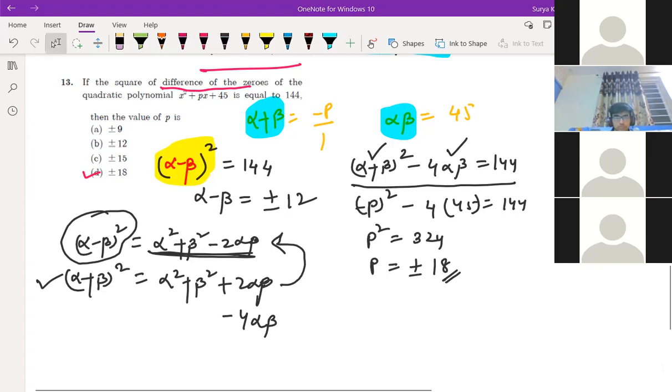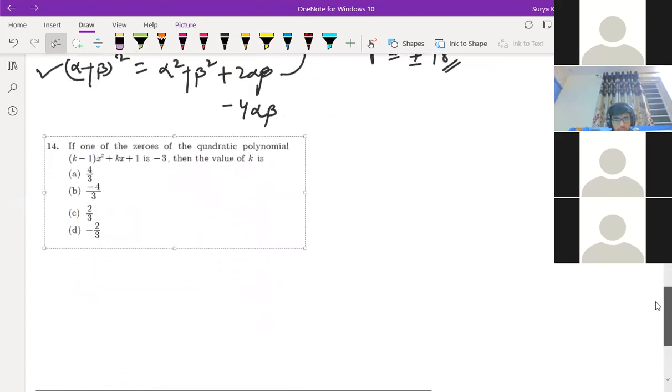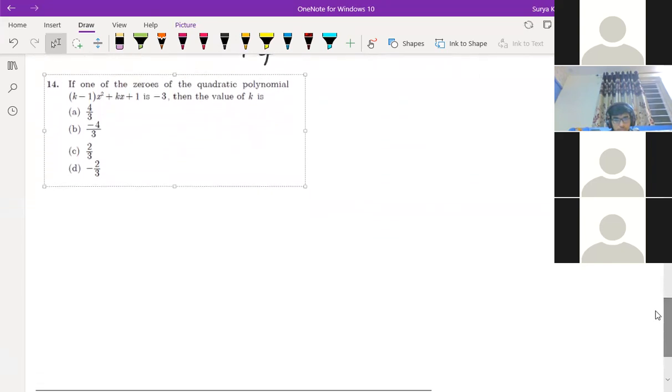So next question is question number 14. See this question. If one of the zeros is given here, this is x square form. So this is very easy. Find the value of k. This is simply putting the value and getting the answer, right? What is the answer for this?